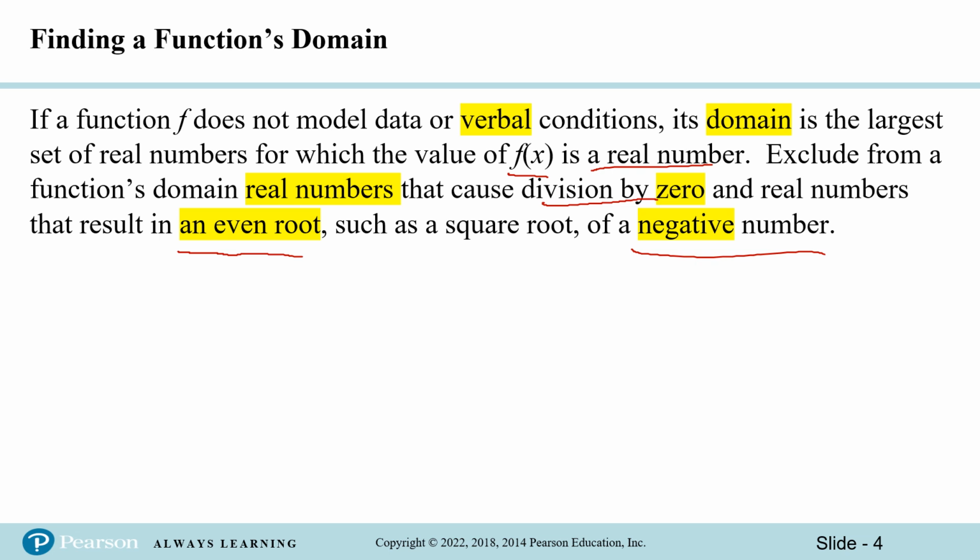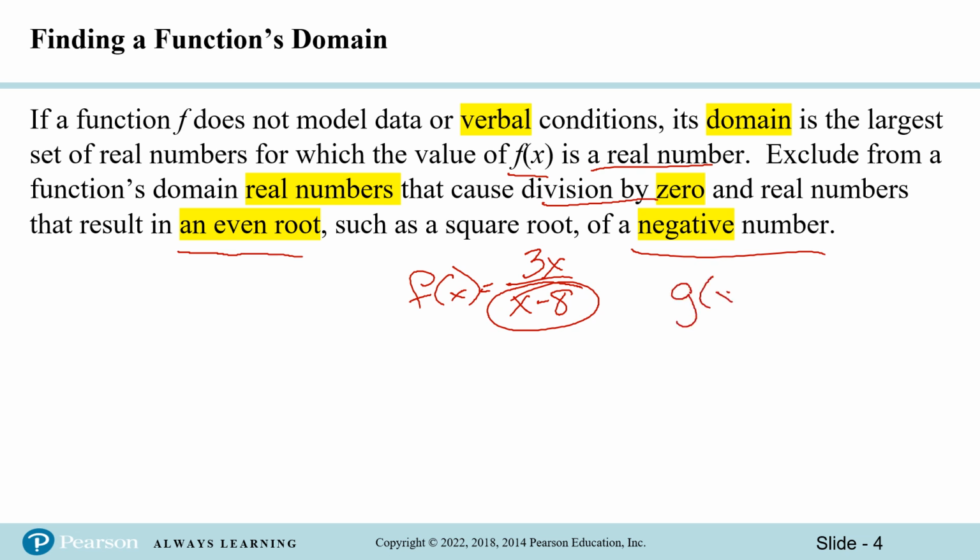with a couple exceptions. If you have a fraction, a rational function, so say 3x over x minus 8, where you could potentially have 0 in the denominator, that's undefined, you cannot divide by 0. The other possibility is when you have an even root.